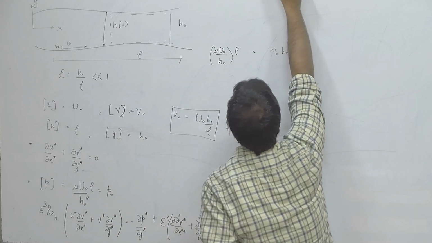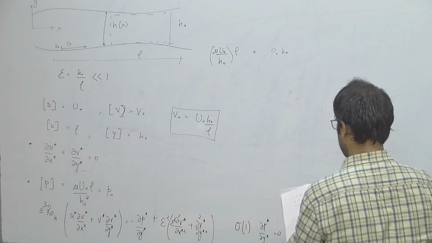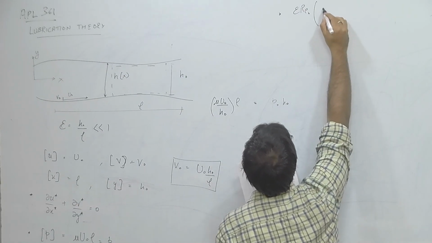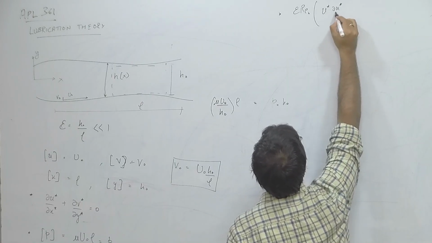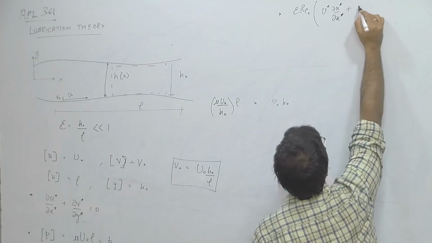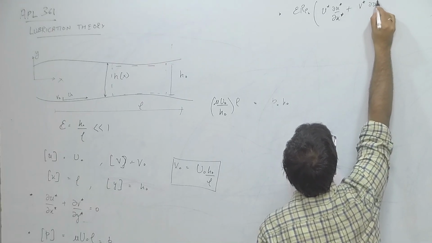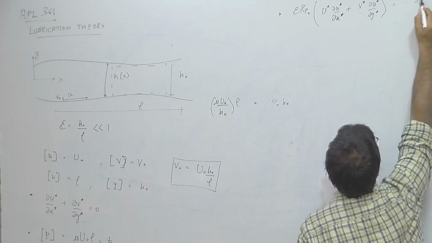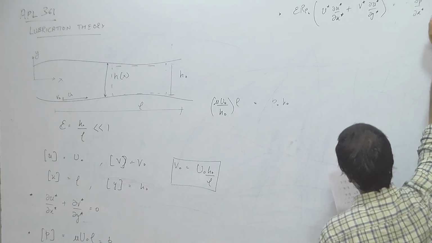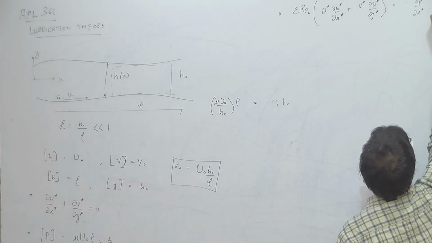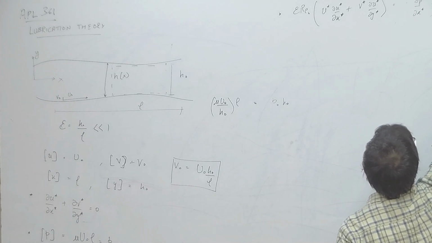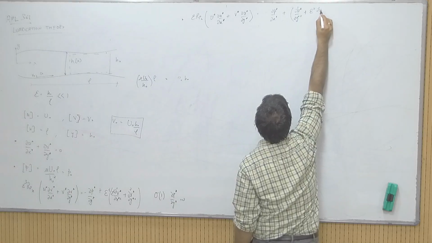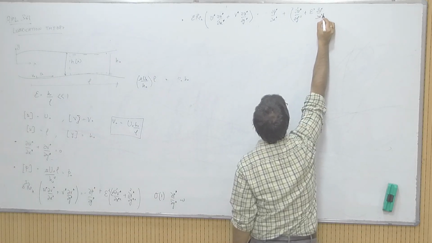And then we had derived the x momentum equation similarly, which gave us epsilon REH times u star del u star over del x star plus v star del u star over del y star equals minus del p star over del x star plus del 2 u star over del y star square plus epsilon square terms.